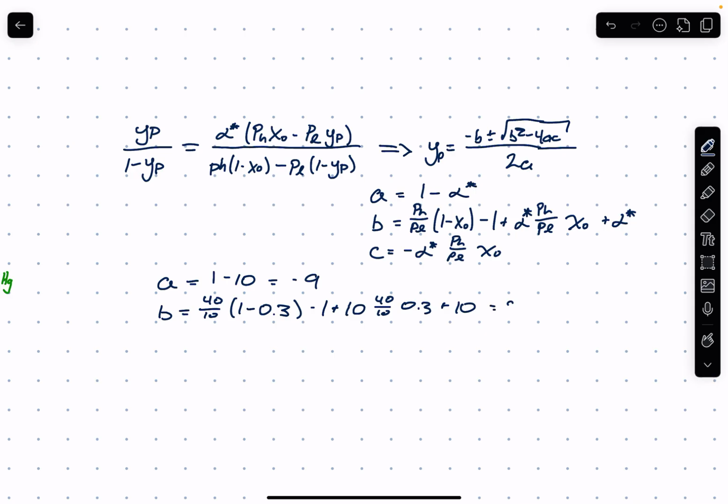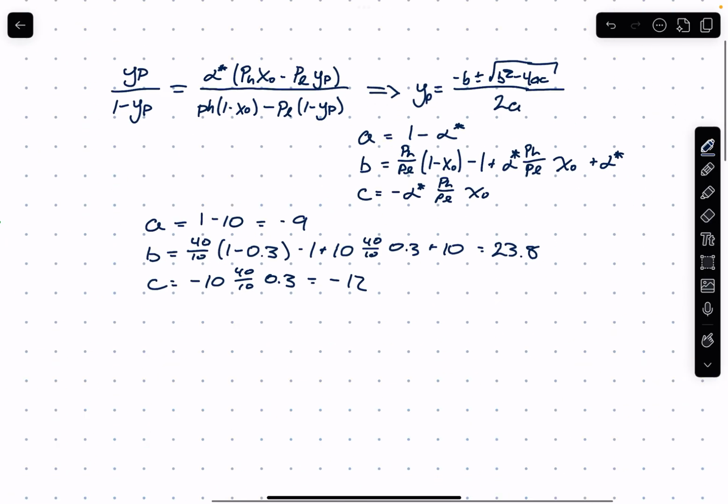This gives us a value of 23.8. Finally, c is equal to minus 10 times 40 over 10 times 0.3, giving us a value of minus 12.